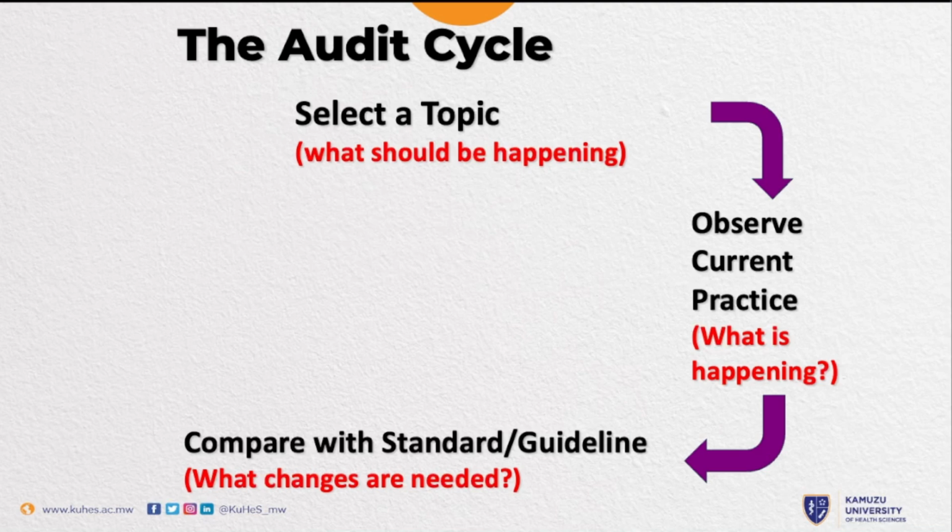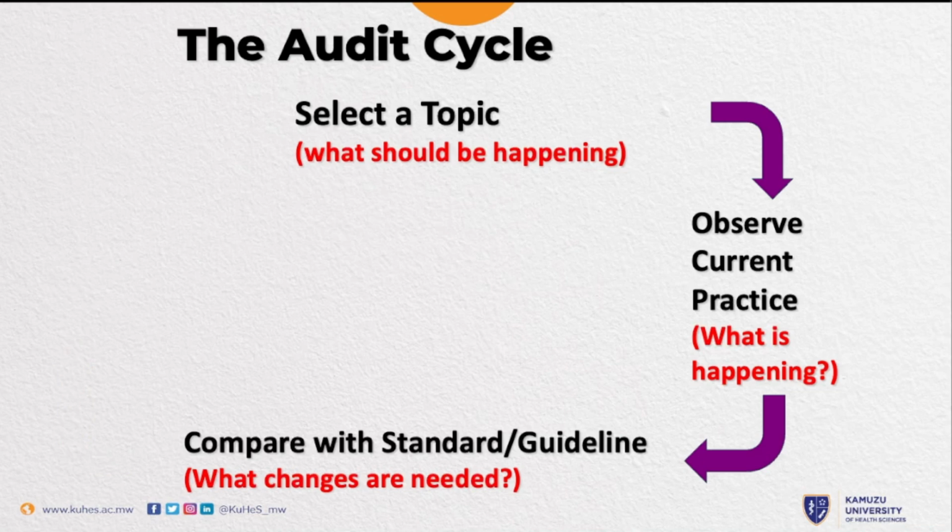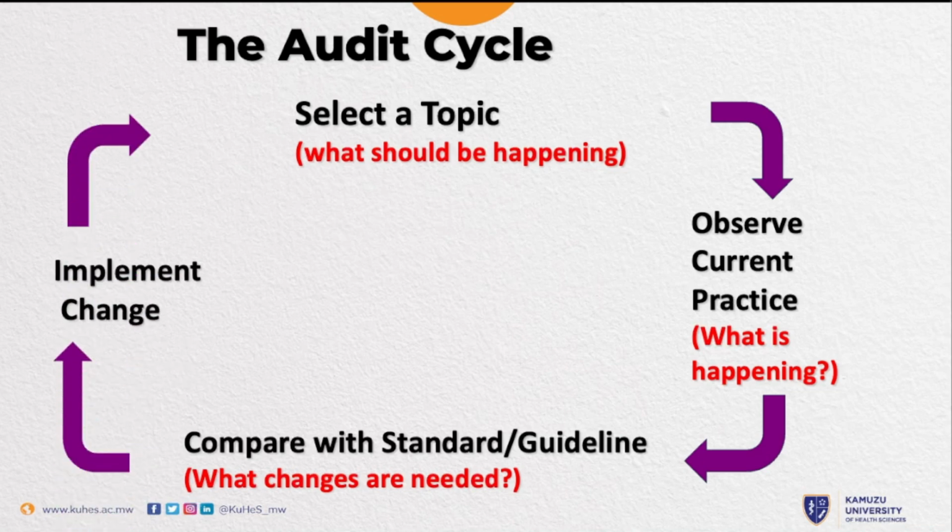And you find the gaps, then for the gaps, you implement the changes with the QI project now, and after the QI project, you will redo the audit, to find out whether everything is going well or not.